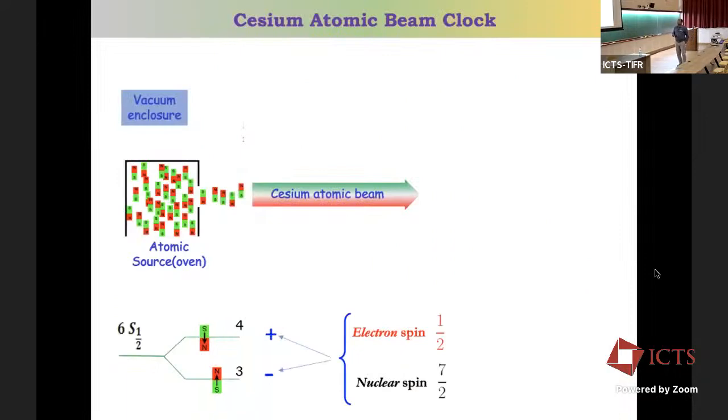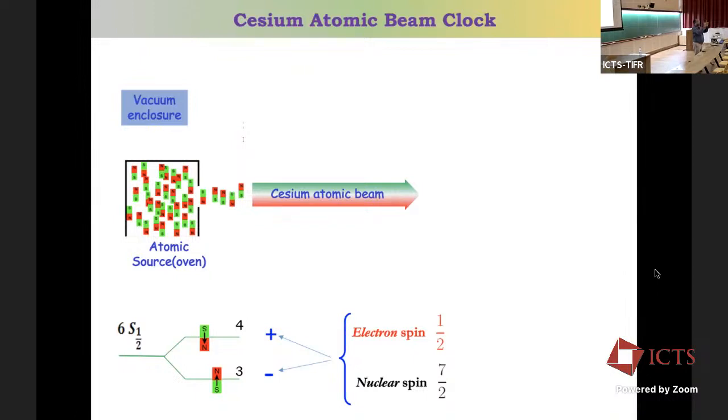Yeah. So in the cesium beam clock, practically you first have to produce the cesium beam. This shows the two levels of cesium atoms, F equals 3 and F equals 4. And remember, the one valence electron of cesium has an electron spin of obviously 1/2, and the cesium nucleus has a nuclear spin of 7/2. So the 1/2 and 7/2 can be parallel to each other or anti-parallel to each other, right?